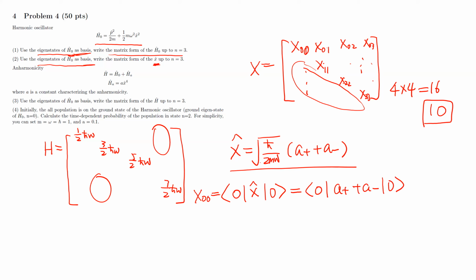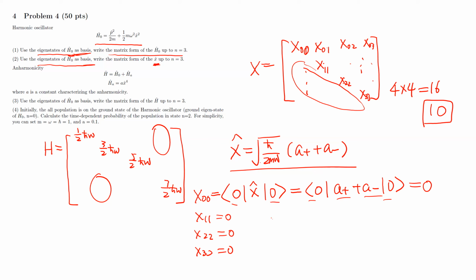Obviously this is 0, because the operator will either decrease or increase the state, but it cannot keep it the same. So that is very easy, right? You find that X1,1, X2,2, and X3,3 are all 0, because the X operator does not connect the same numbers on the left and right.